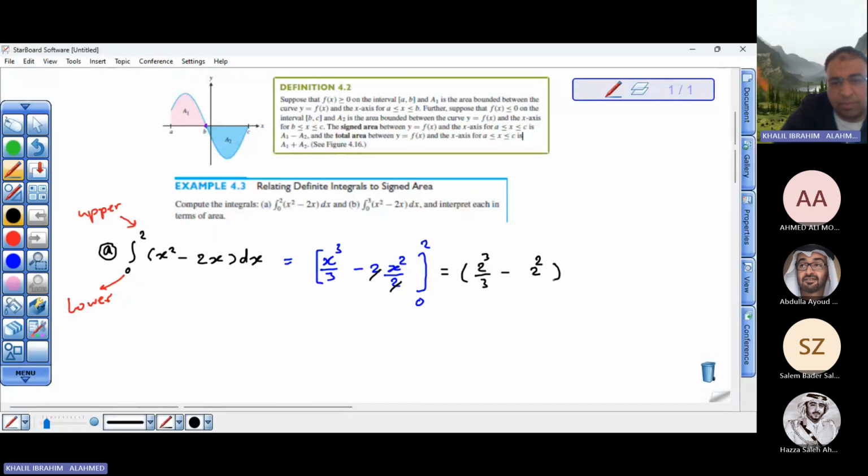This is substitution in the upper limit, minus substitution in the lower. This equals 0 to the power 3 over 3 minus 0 to the power 2. The answer here, as you see, is 8 over 3 minus 4, minus 0.